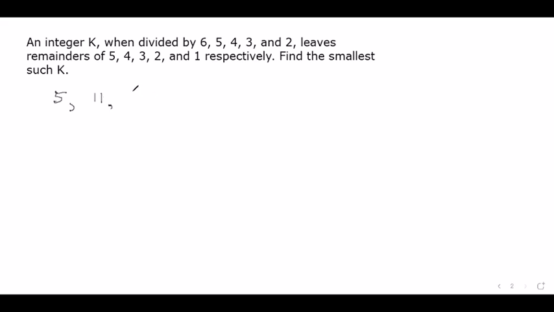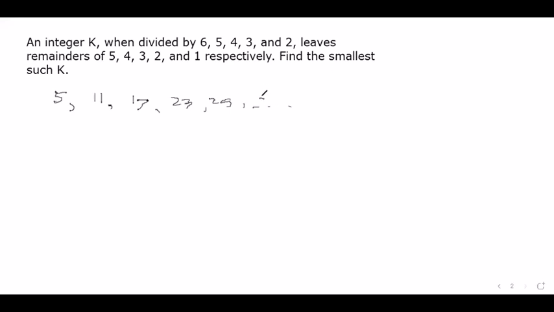So if you want the remainder to be 5, you just keep adding 6 to this. So when you divide this by 6, the remainder is 5. So you keep adding 6, and so on. So the number we are looking for is inside here somewhere.